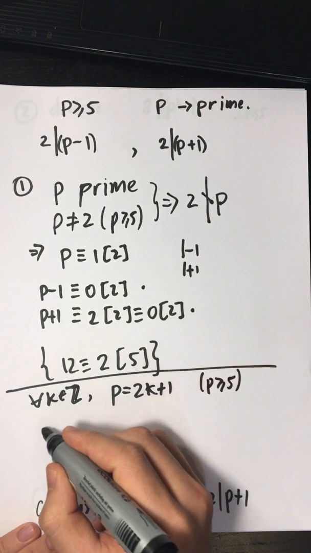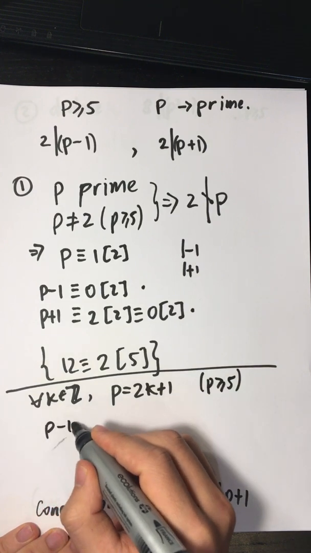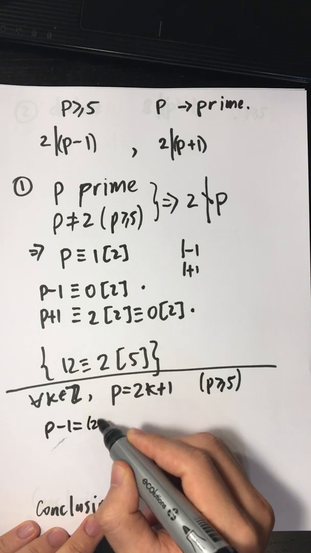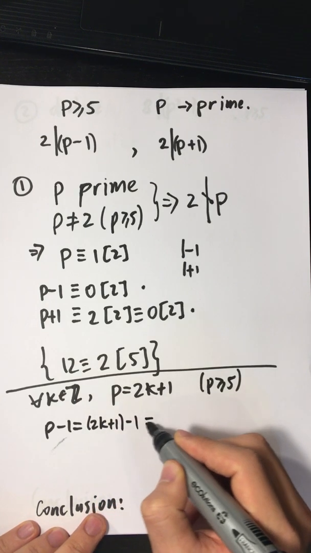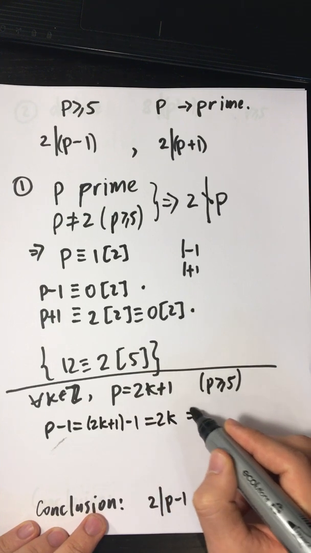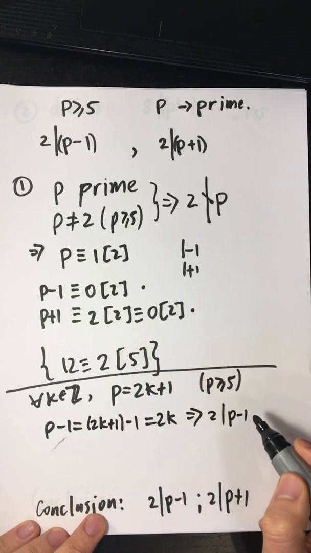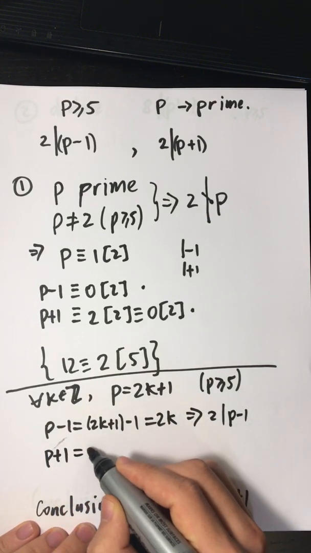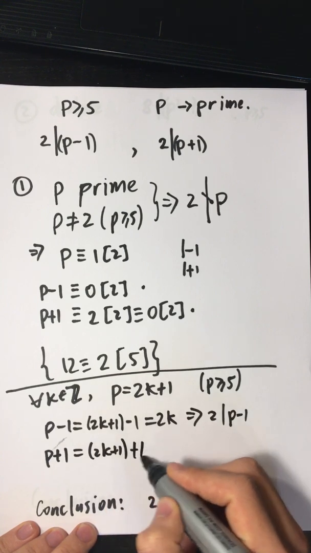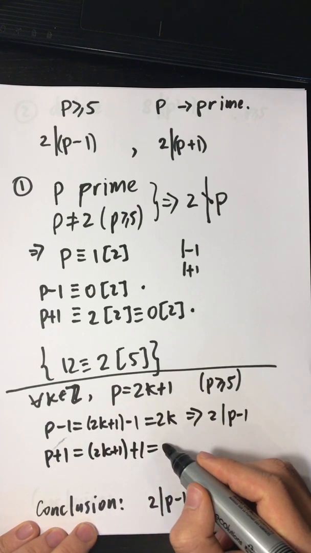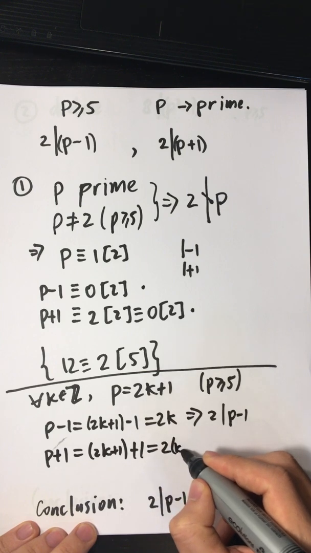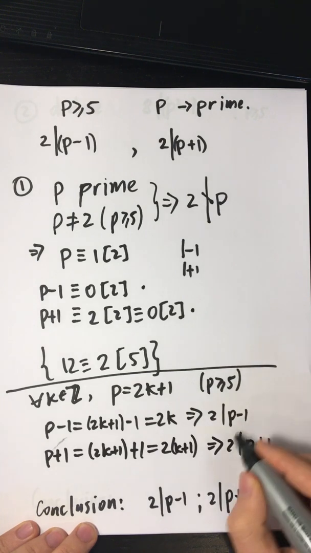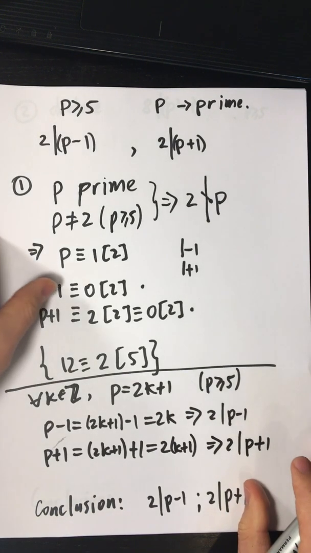Then p minus 1 is equal to 2k plus 1 minus 1, which is 2k. It means that 2 divides p minus 1. If you calculate p plus 1, it is 2k plus 1 plus 1, which is 2 times k plus 1. So 2 divides p plus 1. We'll use this in the next problem. Okay, number 1 is done.